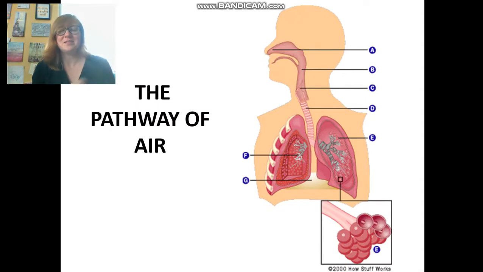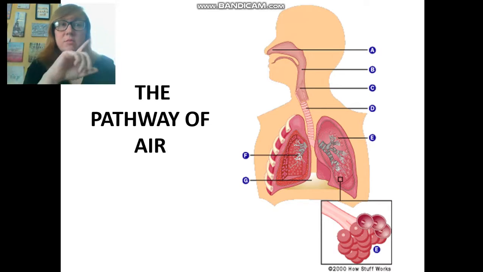Okay, so let's look at how air goes from here into here. We're going to talk about the pathway of air. Where does it go? It says air and not oxygen, because when you breathe in, all the air that's around you, you're breathing that in. What's the air mostly made out of?